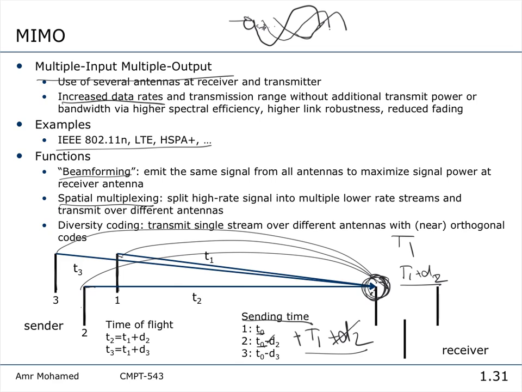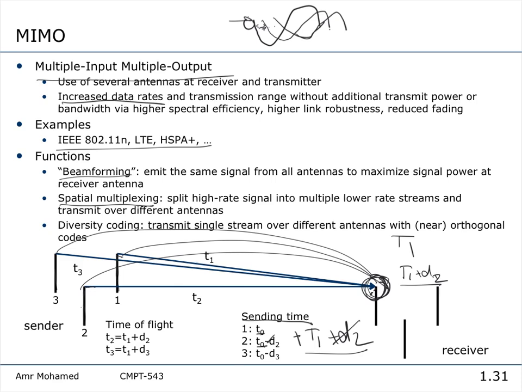So I can split one data stream into 3 or 4 data streams, in which case, as you can imagine, I can send more data just by using this splitting. So that can be used to increase the data rates using spatial multiplexing. In beamforming, we're talking about the same copy of the signal being sent, but with some pre-processing to control the phase of that signal in order to allow them to arrive at the same time.